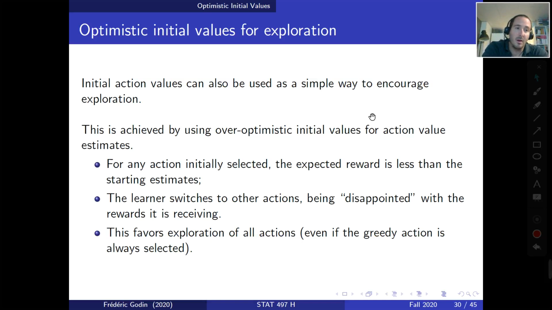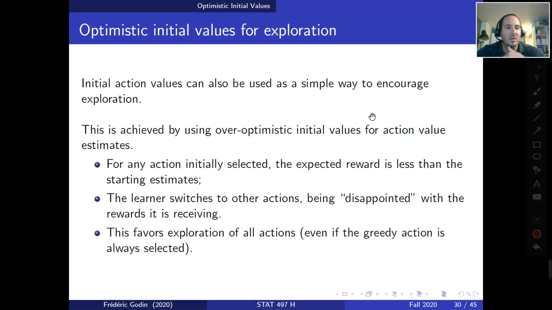So every time you sample an action, the learner will tend to switch to other actions because it's always disappointed with the reward it's receiving.